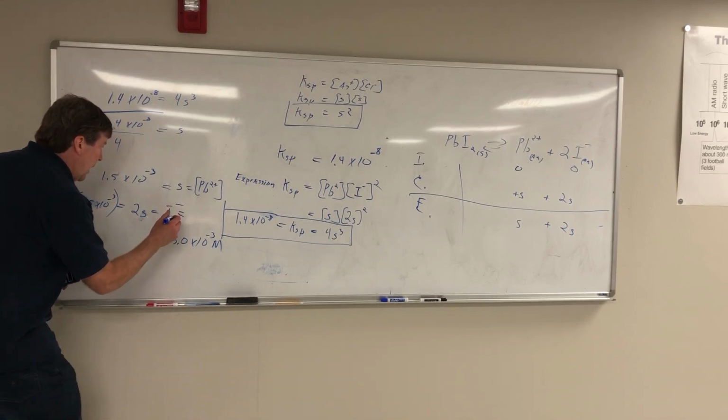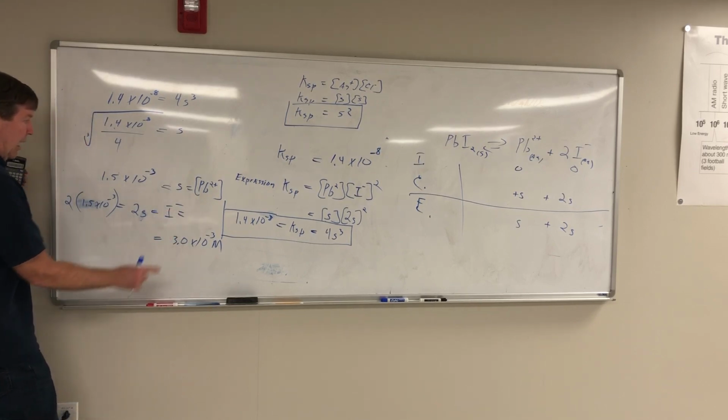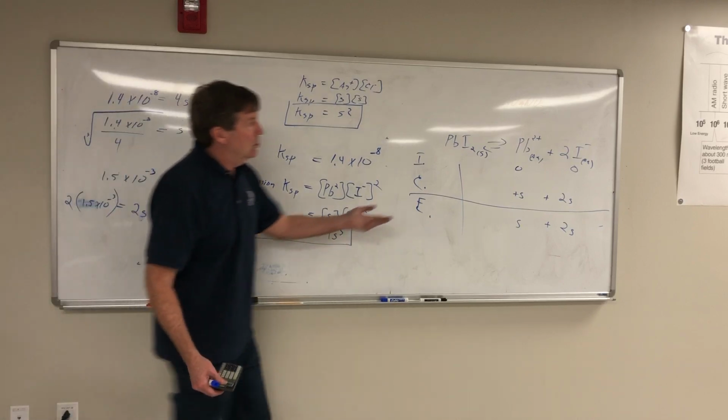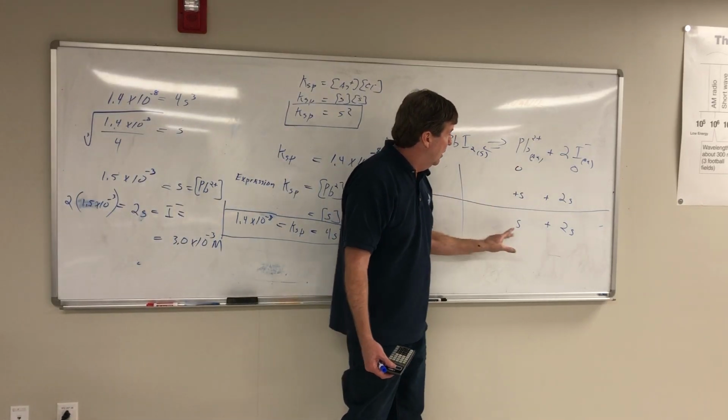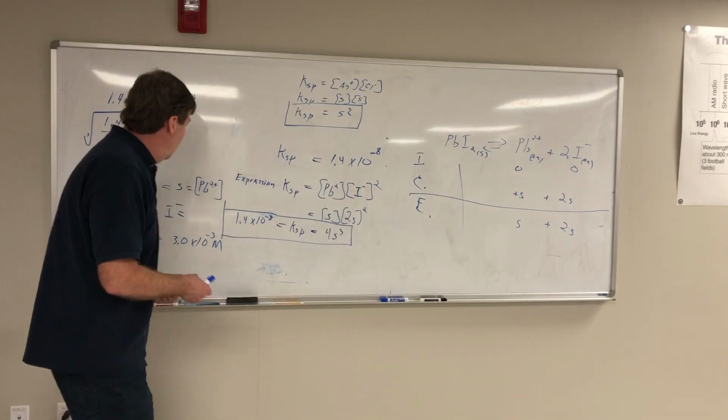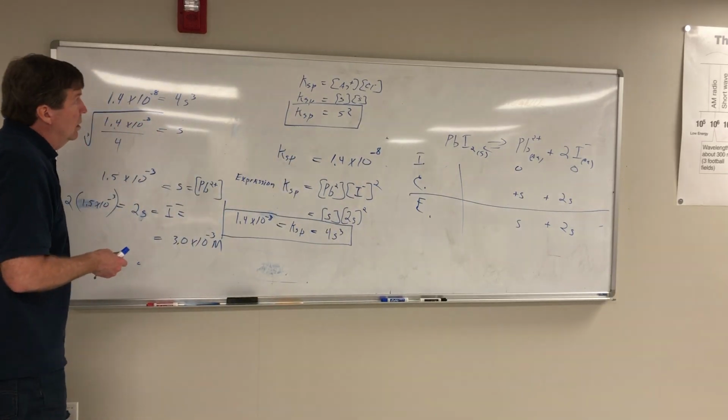So this is my I minus concentration. Again, it's equal to 2S. Why 2S? Because of the stoichiometry. Just be systematic when you're doing this.